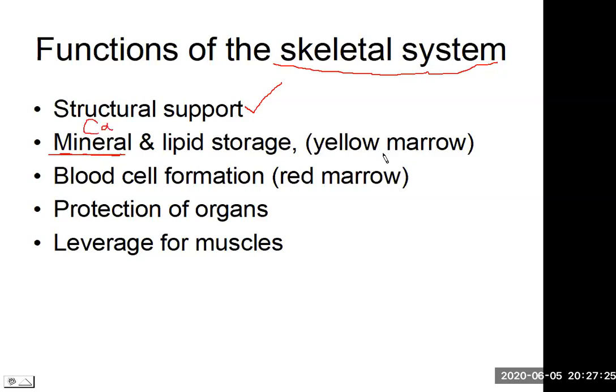And we'll see that there's two types of bone marrow stored inside of the skeleton. There's the yellow bone marrow, which is truly adipose tissue, so for energy storage. And red bone marrow, this is the type of bone marrow used principally, it's the major site for the creation of our blood cells, red blood cells, white blood cells, platelets.